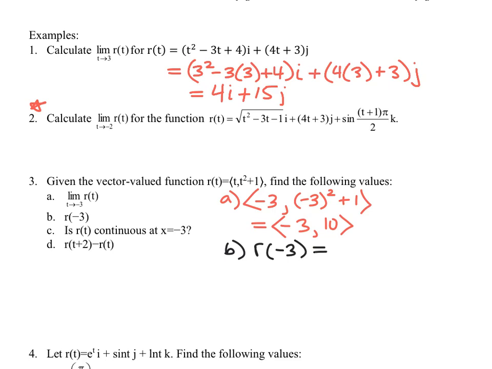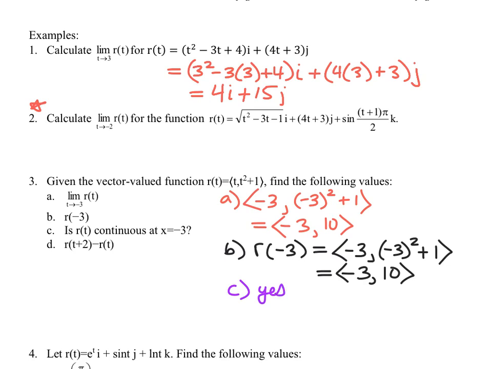If a function is continuous, it should feel like you're doing the same calculation repeatedly. You're like, I'm just doing the same thing again. If that's the case, then odds are what you're dealing with is continuous. So that's what's happening here. When I evaluate the function, I get -3, -3 squared plus 1. I get the same thing. So for part C, the answer is going to be yes.